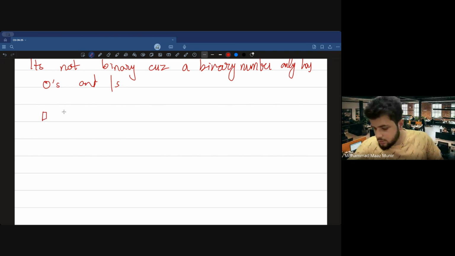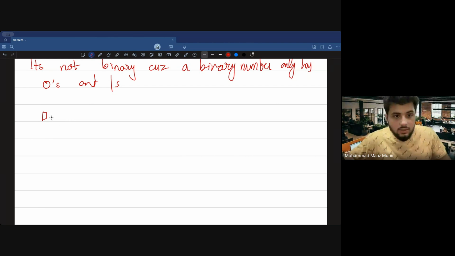There is some issue with the driver, I believe. Just a second, let me see if it's with the graphic tablet or with the app. Okay, it's with the app. Let me re-screen share because there's some issue with the app.